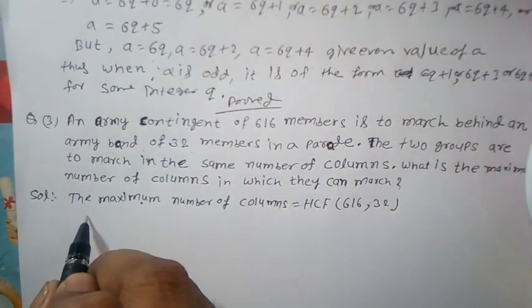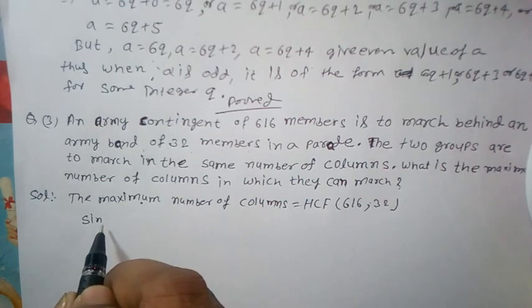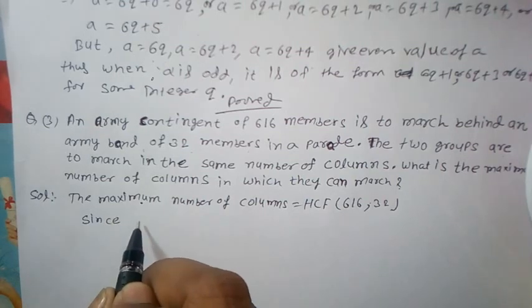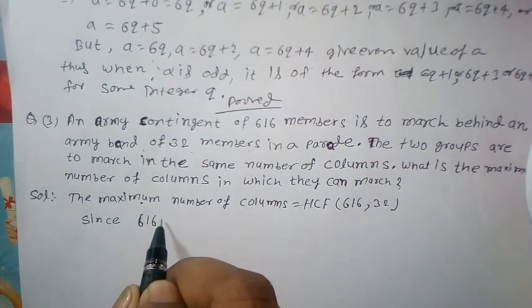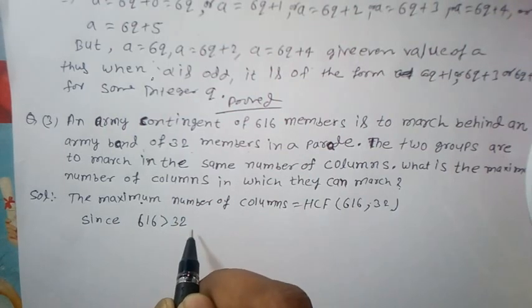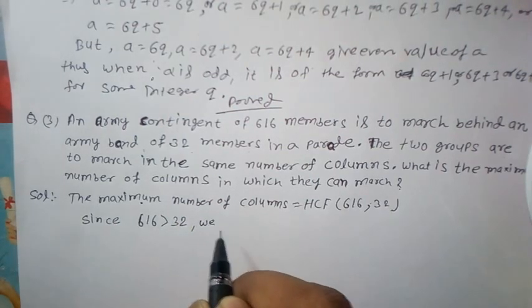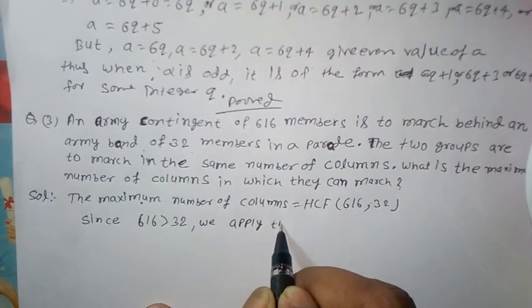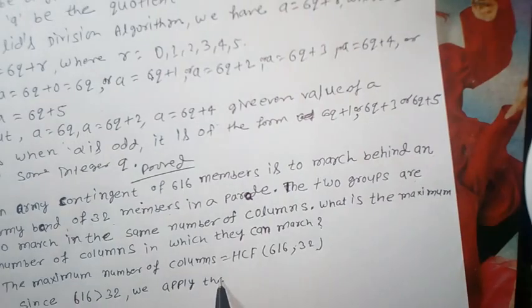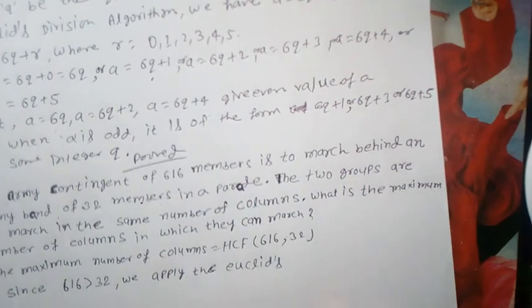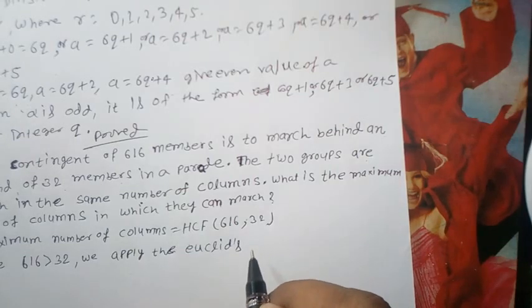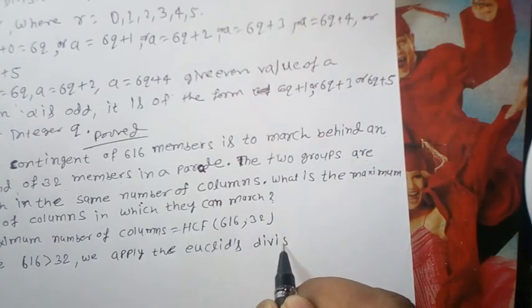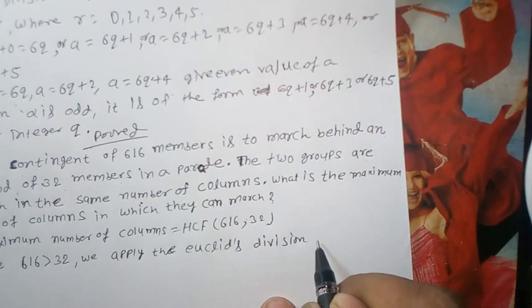Here, since 616 is greater than 32, we apply the Euclid division algorithm.